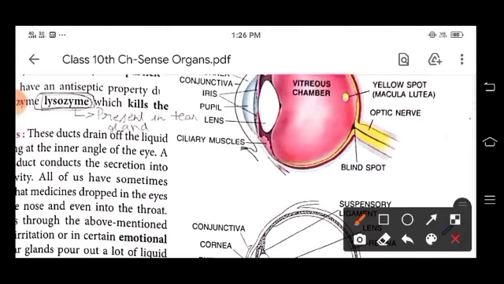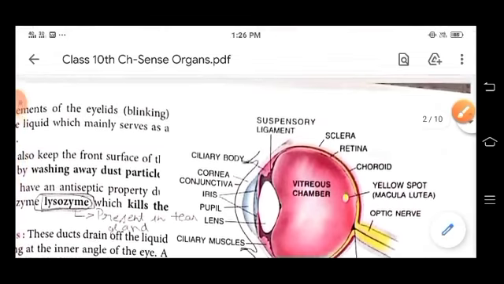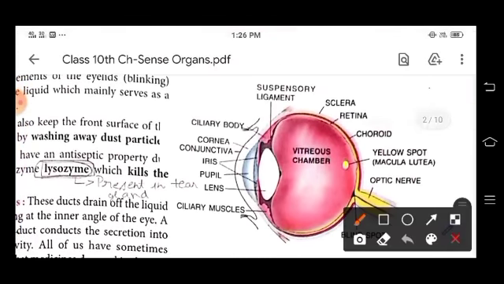So here, the eye is a round ball-like structure, and it has 2 chambers, the vitreous chamber and the aqueous chamber. The aqueous chamber is filled with a fluid, aqueous humor, and the vitreous chamber is also filled with a fluid, vitreous humor.